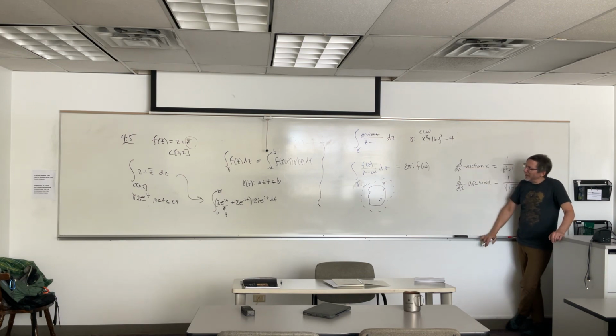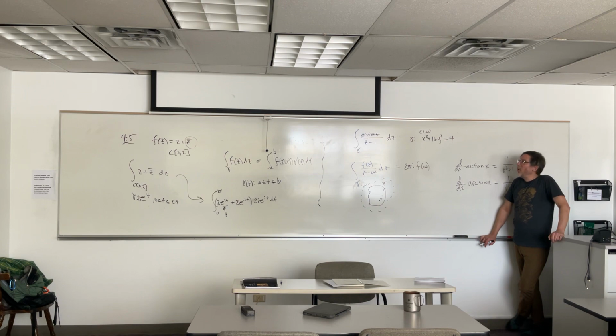So arctangent is actually holomorphic. Okay, so we're good. It doesn't have any holes. There are no blow-ups. So what is my f of z here and what's my w?